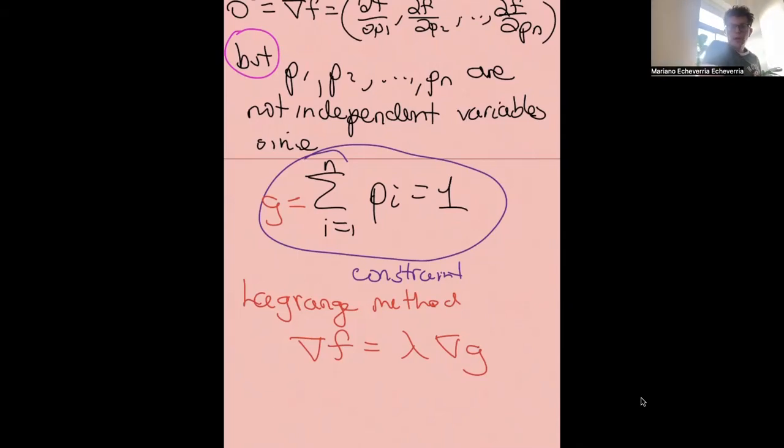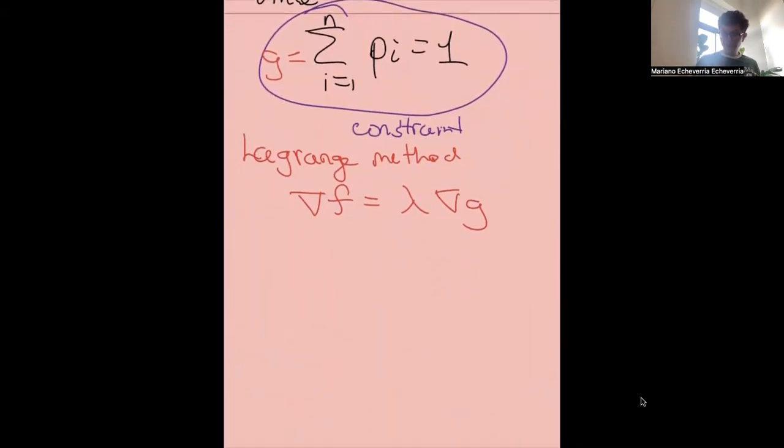So you need to solve: the gradient of f has to be lambda times the gradient of G. The good thing is that these functions are very simple.